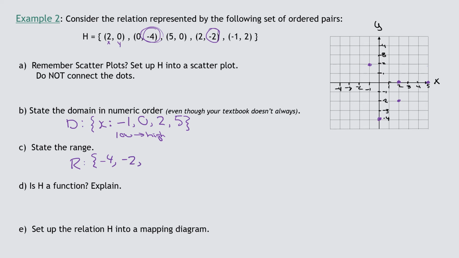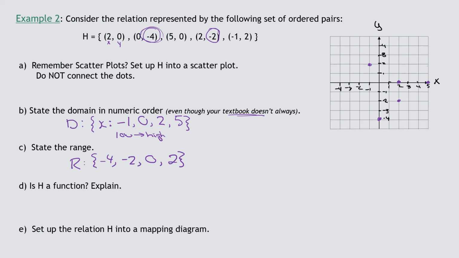The next lowest y value is a 0, and we've got 0 there twice, that's okay. And the highest y value is a 2. Even though your textbook doesn't always put them low to high, you have to. You have to on a test, you have to on a quiz. There's the range.